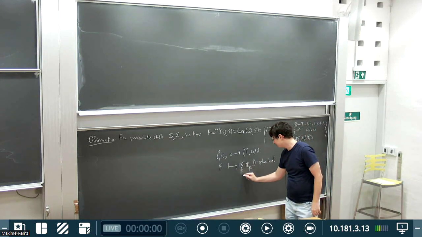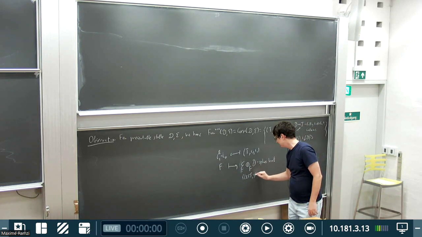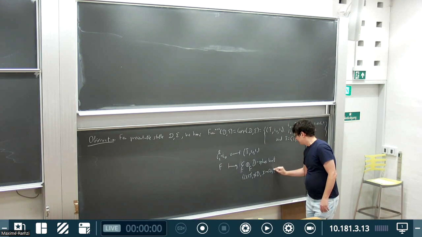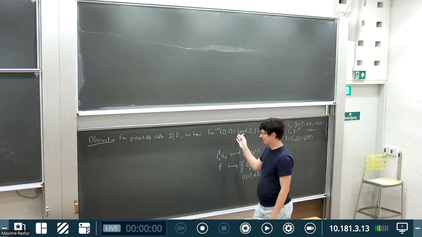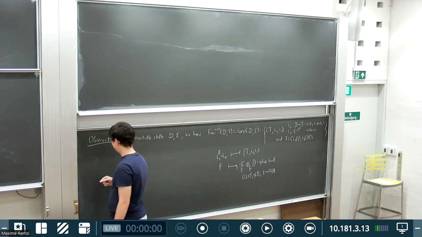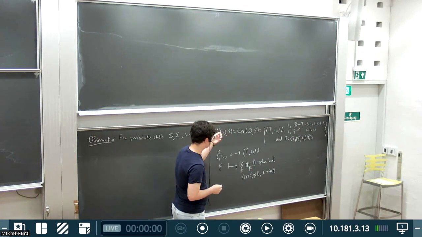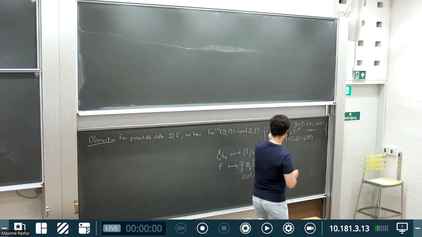So these are triples x in E, y in D, and a map from x to f of y. So these two categories are just equivalent. It's quite straightforward to check.